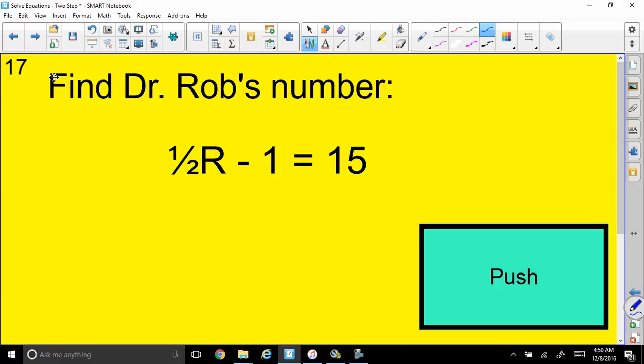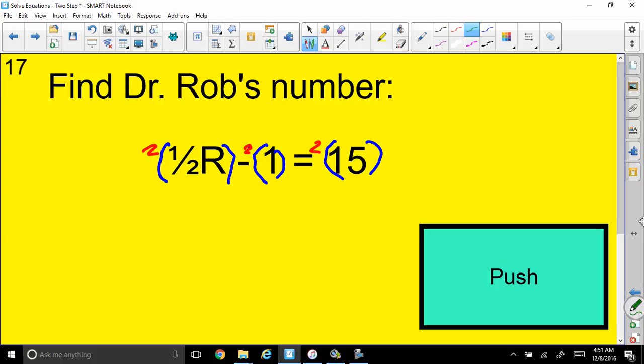I want to share with you a secret. You can get rid of the fraction by multiplying everything by the denominator. So I'm going to multiply everything by the denominator, and I'm going to get rid of my denominator. So the denominator is 2. I'm going to multiply everything by 2.